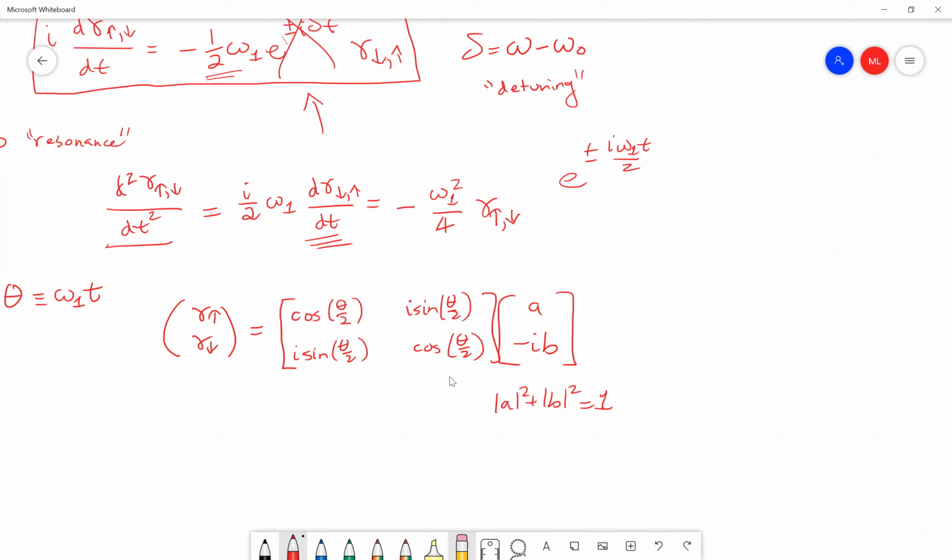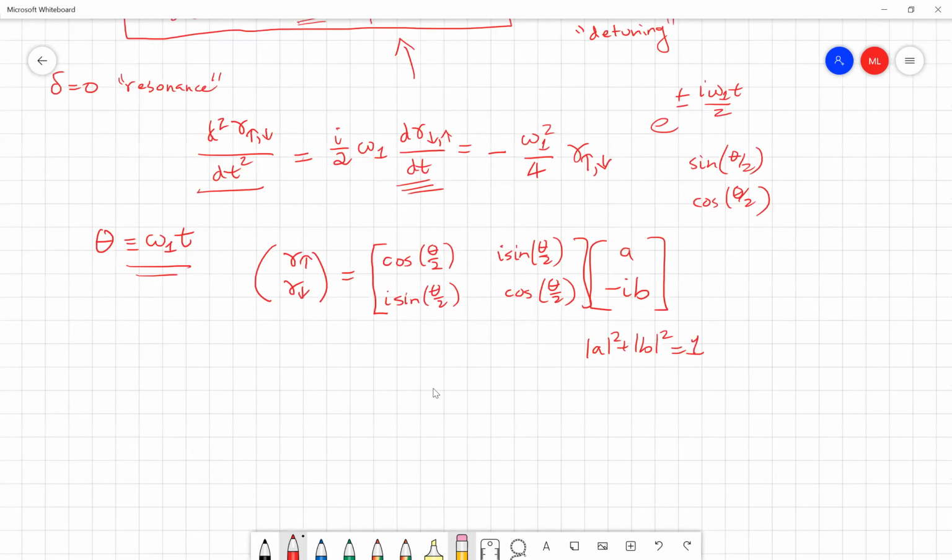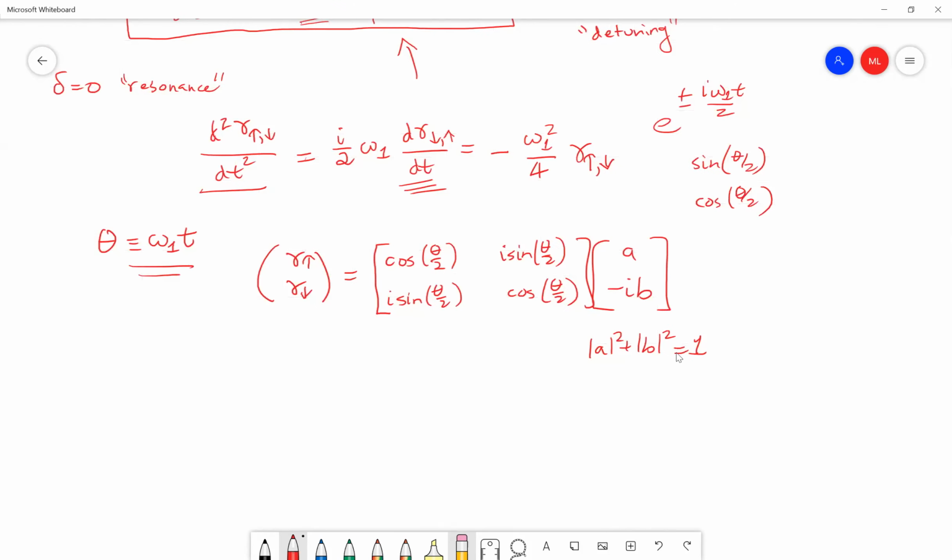And good ones to choose are these linear combinations that give you cosine and sine. So, alternatively, the fundamental solutions are sine theta over 2, where again, theta is omega 1 times t, and cosine theta over 2. And it's just convenient to write them this way, because then your normalization condition can be expressed like this.